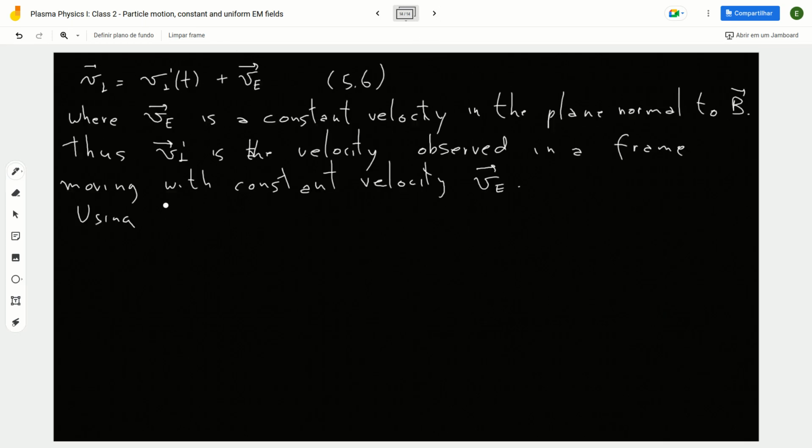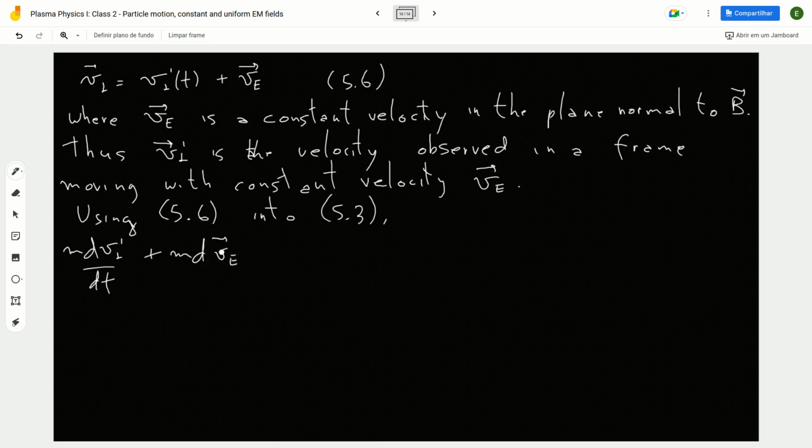Using 5.6 into 5.3, we get m dv perp prime dt plus m dve dt, but ve is constant, so this is 0, which is equal to q times E perp plus v perp prime cross B plus ve cross B.